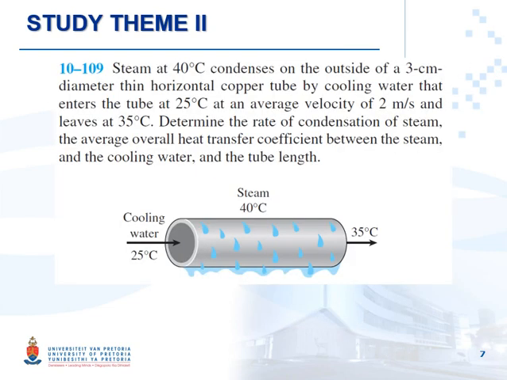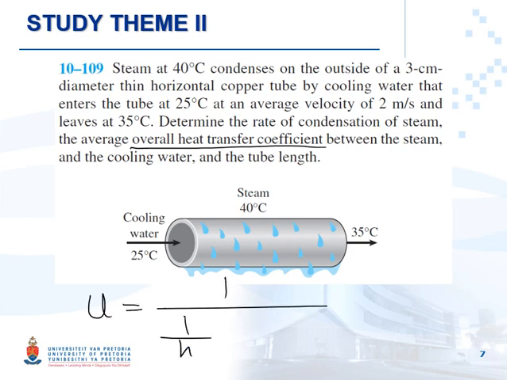Okay, in the second section you see that it is asking you to calculate the overall heat transfer coefficient. You can remember that this overall heat transfer coefficient concept is related to heat exchangers, and if I'm not mistaken, this one was the easiest way, or correlation, to write it, neglecting all the thermal resistances.